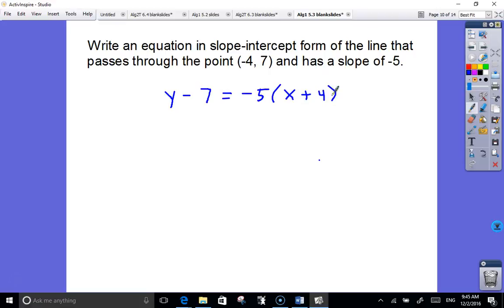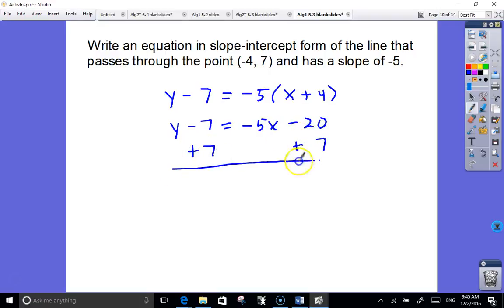So now solve for y. Distribute. Y minus 7 equals -5x minus 20. Okay, last step. Add 7. Add 7. So y equals -5x minus 13.